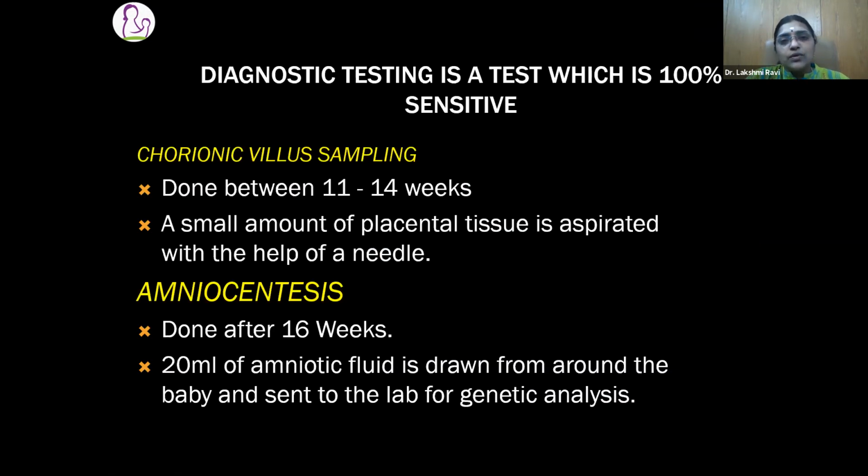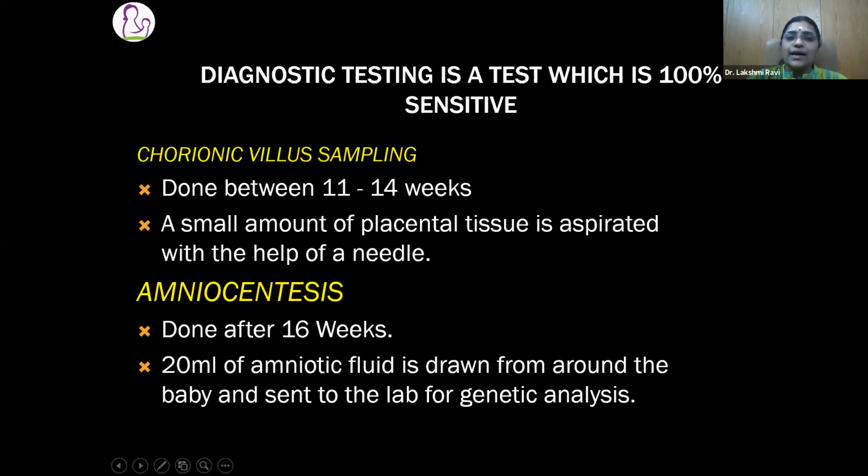So what is a diagnostic test? A diagnostic test is a test which is 100% sensitive, and if you want an absolute chromosomal normalcy, that is, if you want a 100% result for Down syndrome, then it is only by invasive testing.